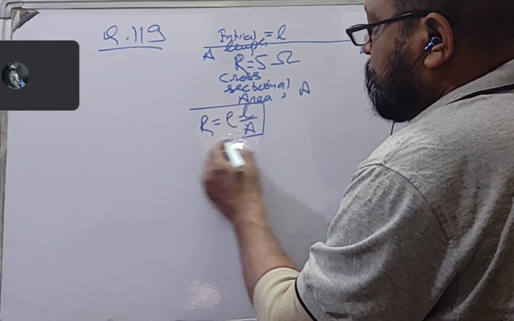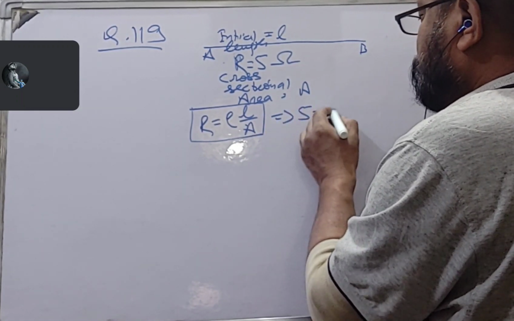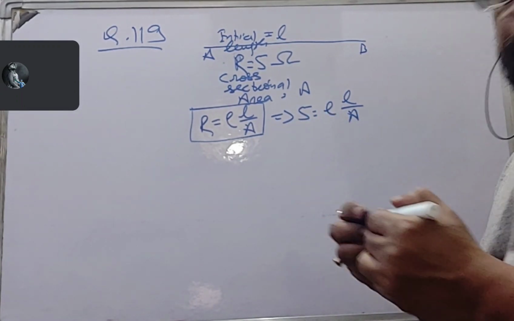R is equal to rho into L upon A. In that case, 5 is equal to rho L upon A.